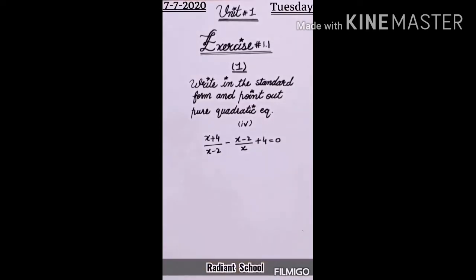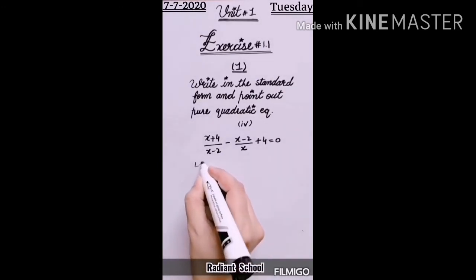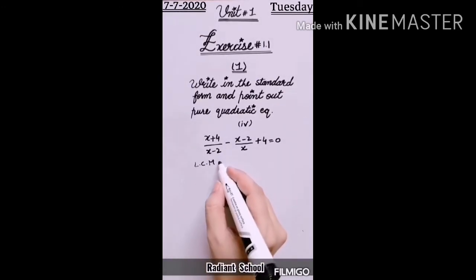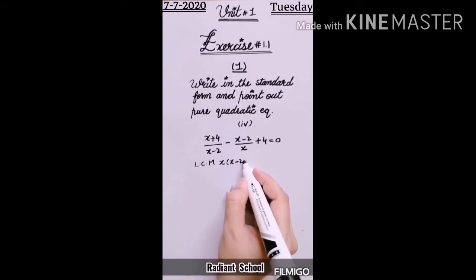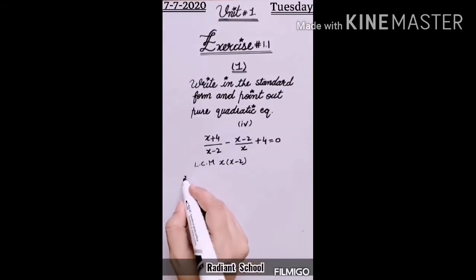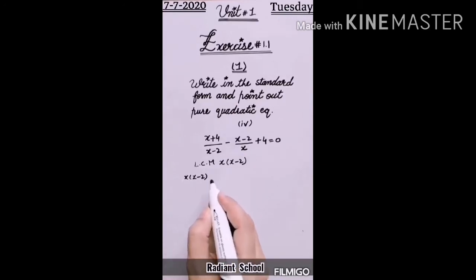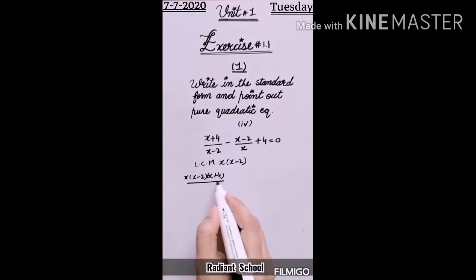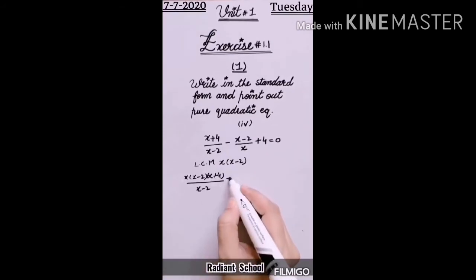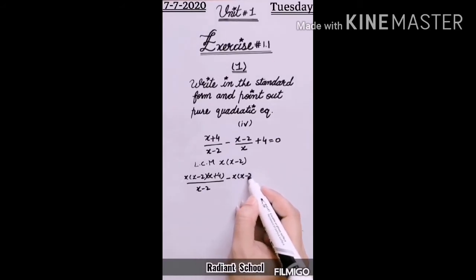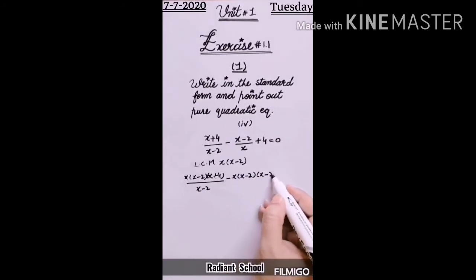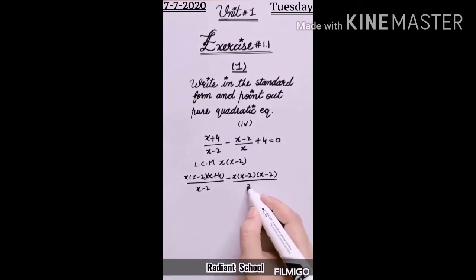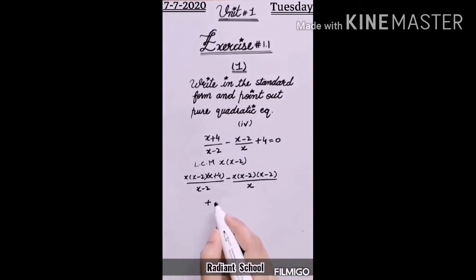To simplify it, we have to multiply the LCM on both sides. The LCM is x minus 2, and we multiply x and x minus 2 with x plus 4, divided by x minus 2, minus x and x minus 2, we have to multiply with x minus 2, divided by x plus 4 into x minus 2, is equal to 0.